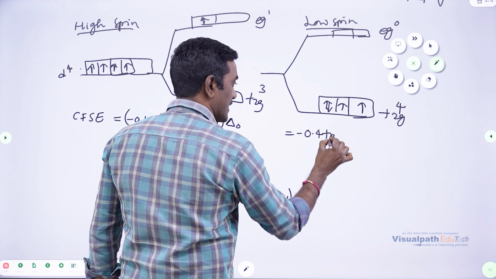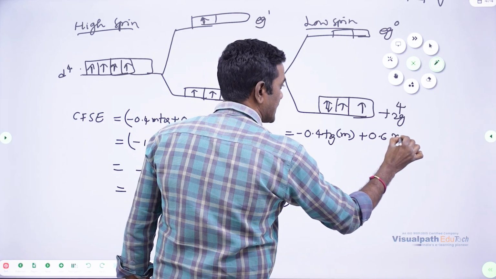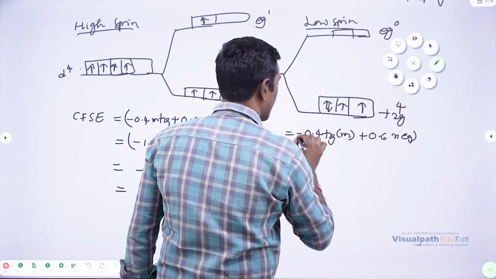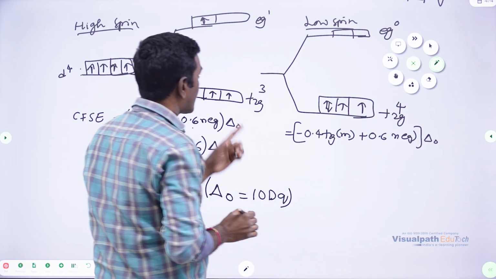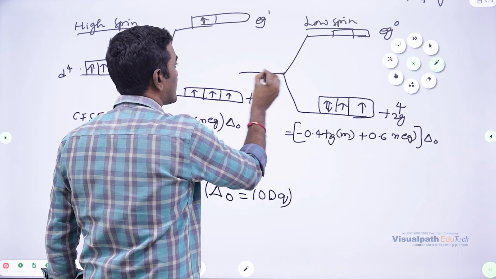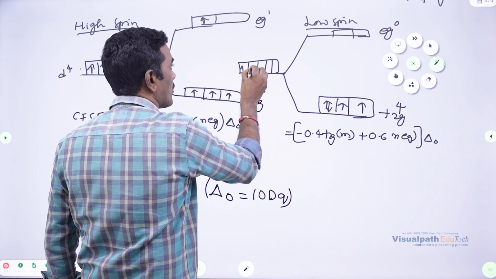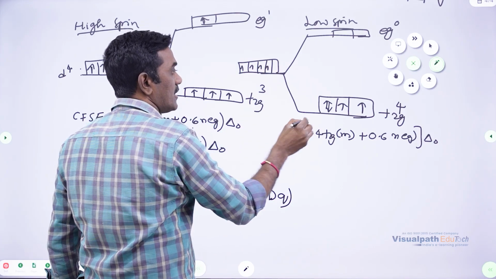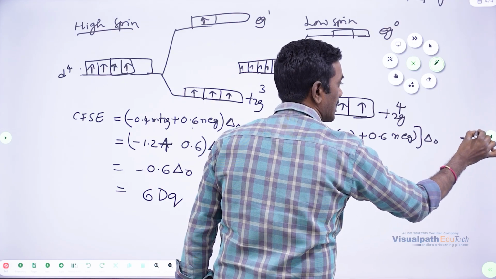Right? Now, in the case of low spin, the same formula is going to come, but minus 0.4 m t2g plus 0.6 n eg delta naught. How many pairs are there? Before, there are no pairs at the degenerate level, so it will come as 0 pair.